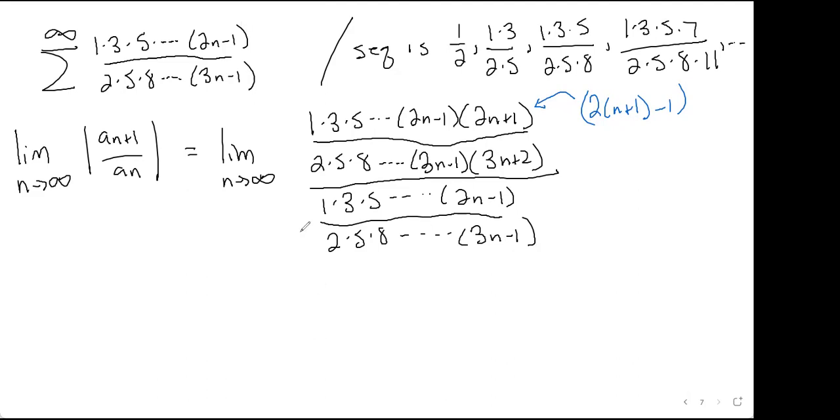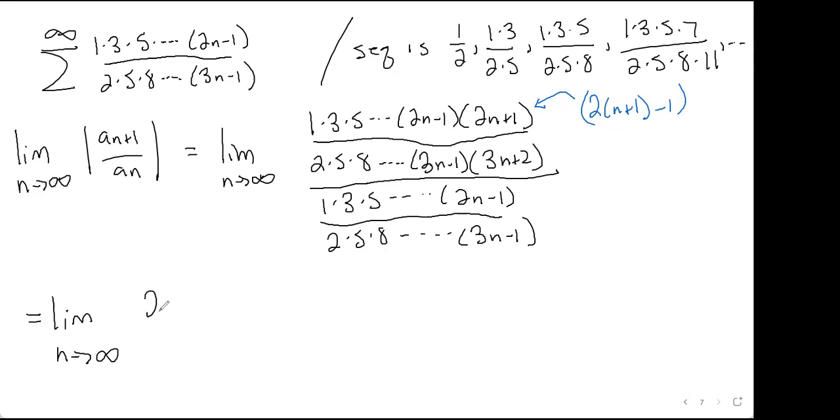So then what I'm going to do, there's a lot of stuff to write, and I'm going to fall back on the fact that we've done a bunch of ratio test problems, and the simplification for factorials all works the same way, in that if you flip this and multiply, everything cancels except these last two factors from the top and bottom.